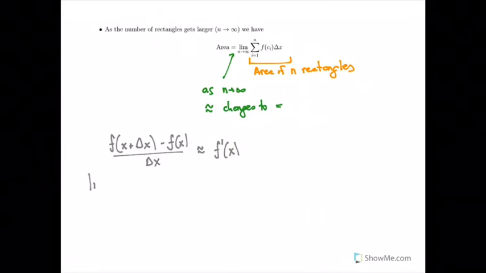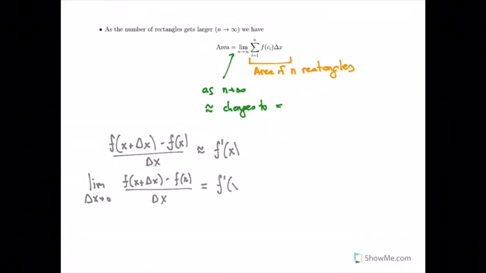But if you actually attach a limit onto that, in this case, if you let delta x go to 0, then this actually becomes equal to the value of the derivative. And that's what happens in all of calculus: you think about a finite number of things that are approximately equal, attach the limit, and it becomes equal to.